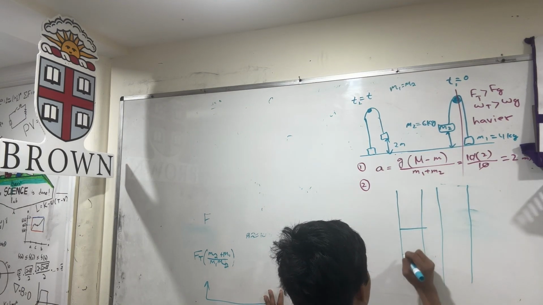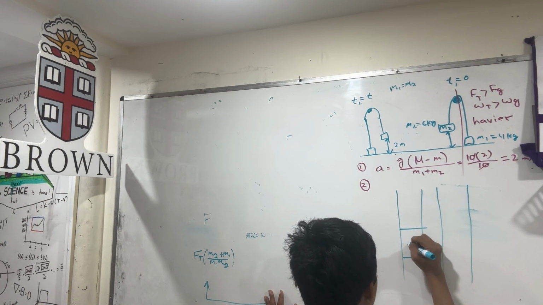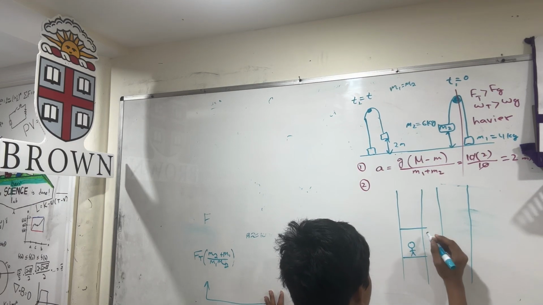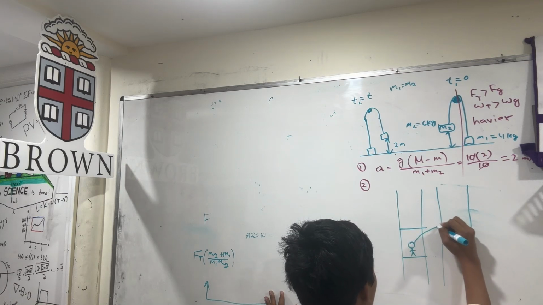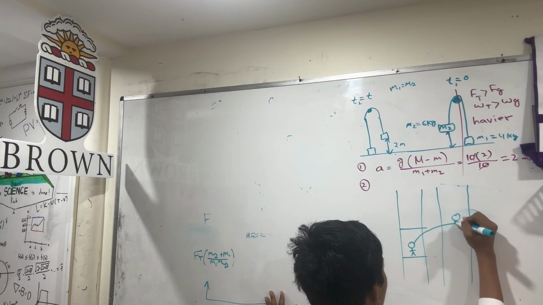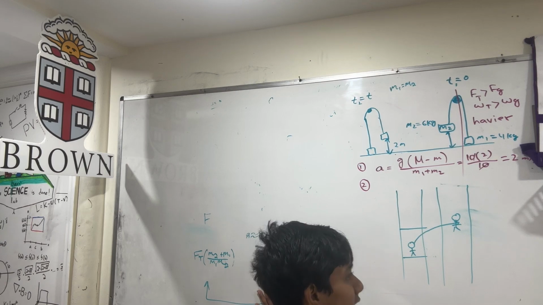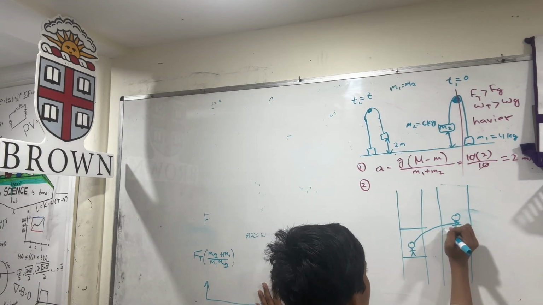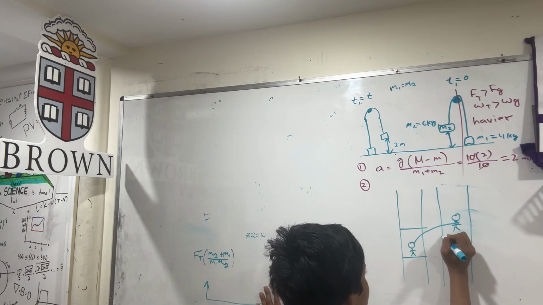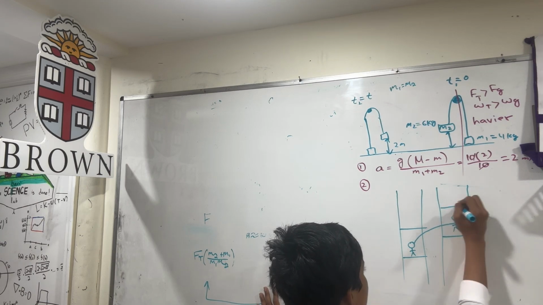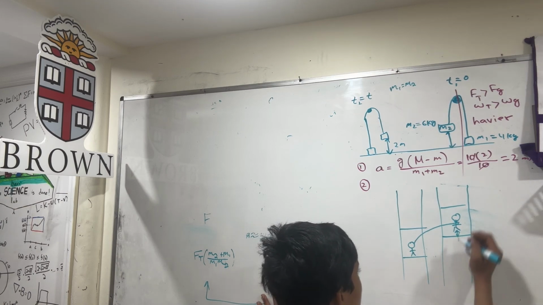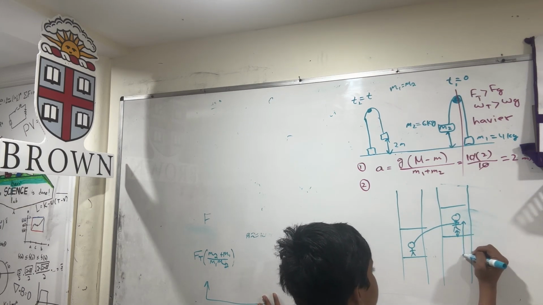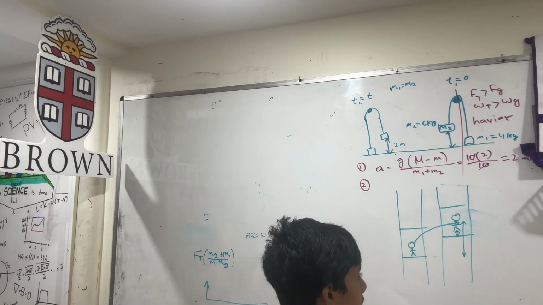So this is you, and you jump up, but then you realize that the cabin is also moving with you, which means that your jump height with respect to the cabin is much lower than your jump height with respect to the elevator rope.